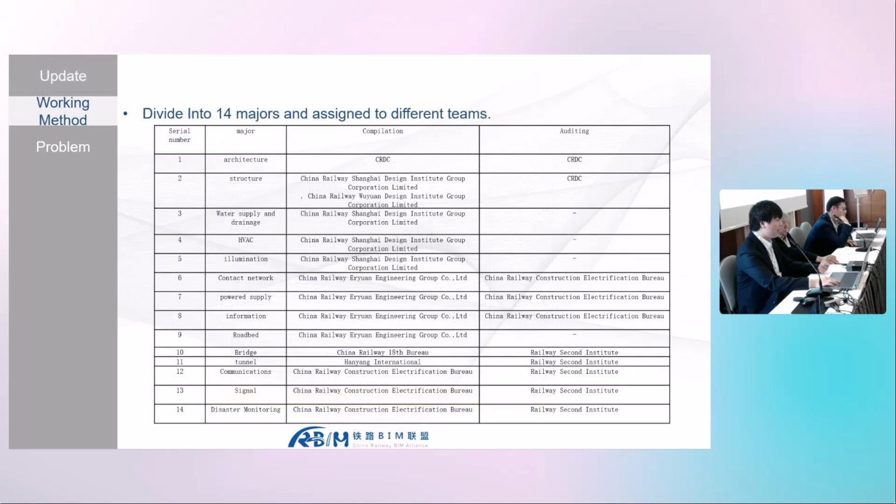And also, since we divided our work into 14 different majors, we also assigned them to different teams. We have all our expert companies join us to make this standard, including the design group and the construction group, and also in every city as well.